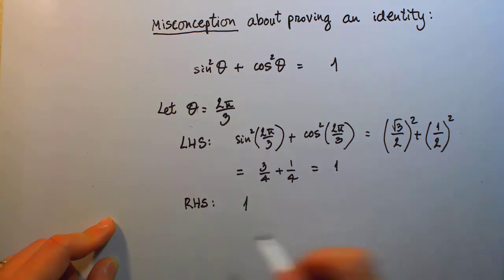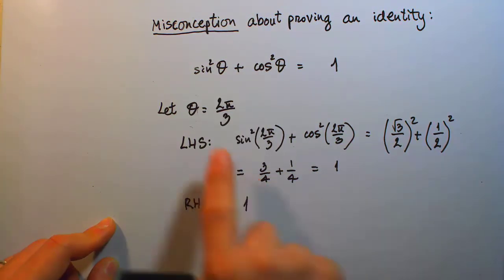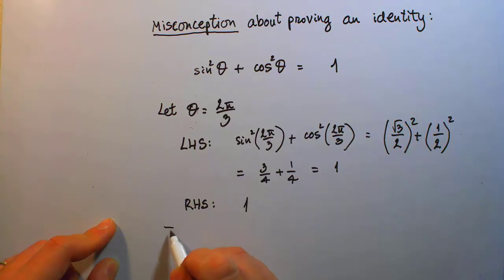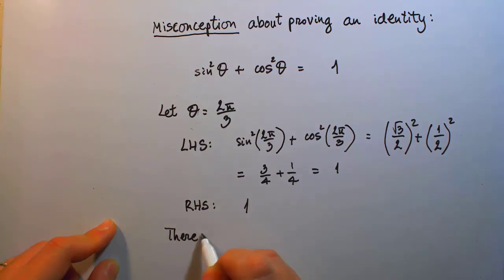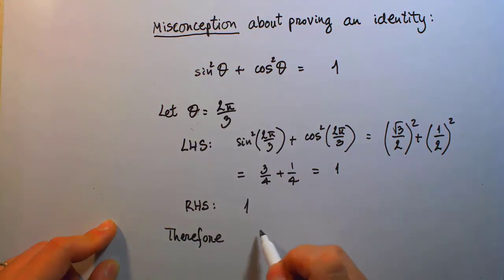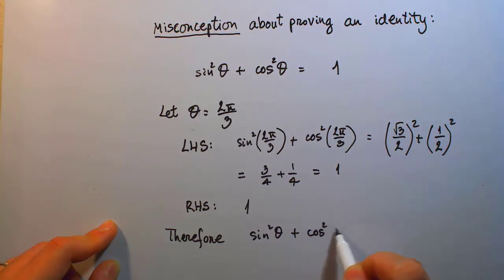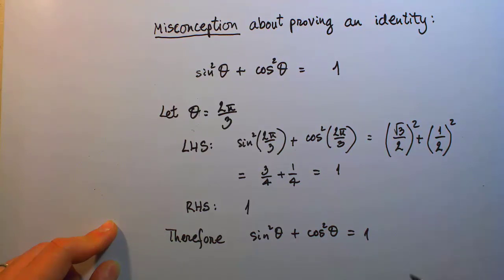And so once again, seeing that at this value of theta, the left-hand side value turns out to equal the right-hand side, we're going to roughly say, therefore, sine square plus cosine square of theta equals 1. And we thought we found a proof for this identity.